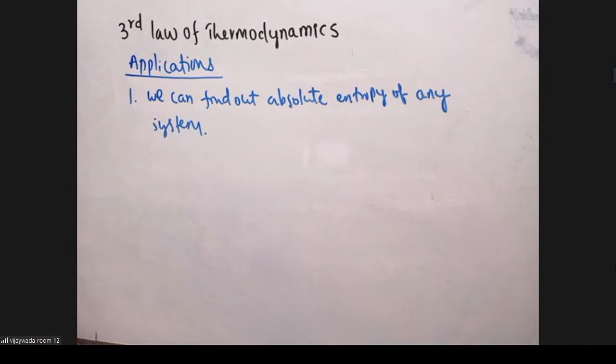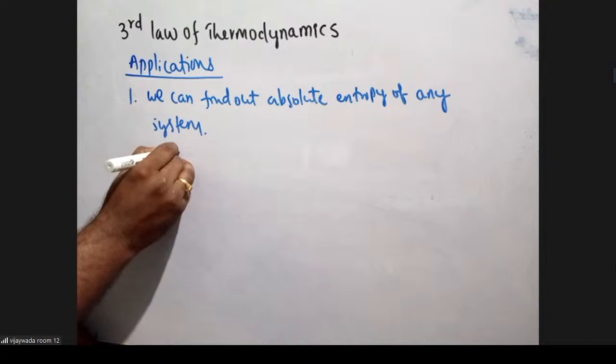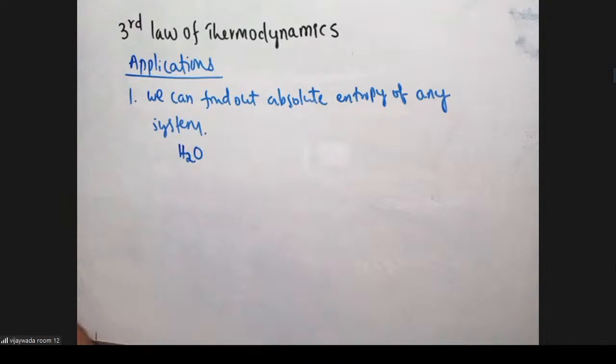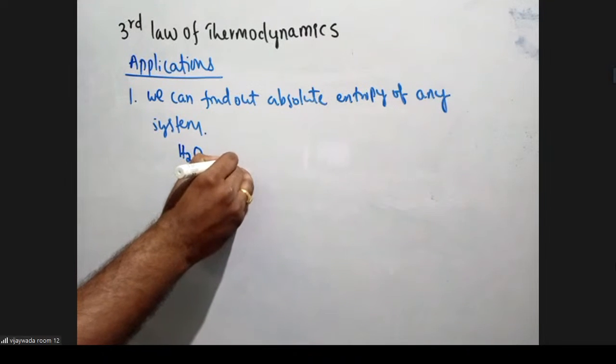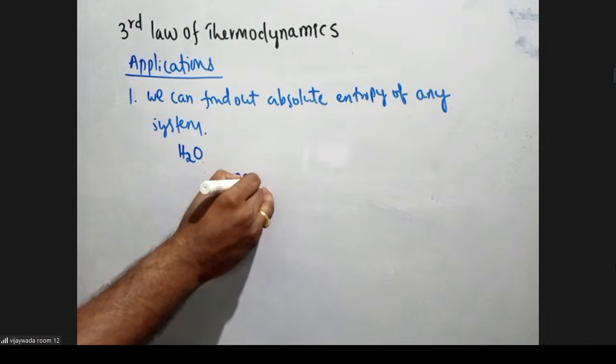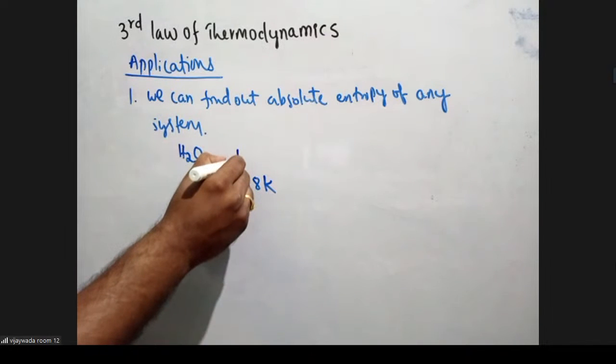Example, take a system, water. If you give water to me at room temperature, 298 Kelvin, or in centigrade 25 degrees centigrade, let's say this is water.